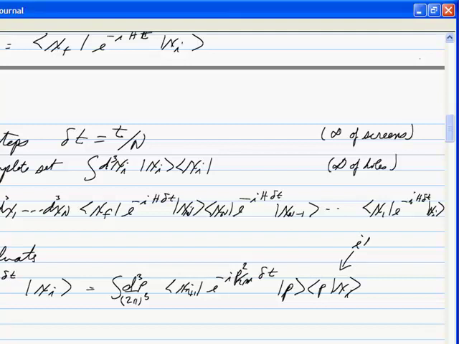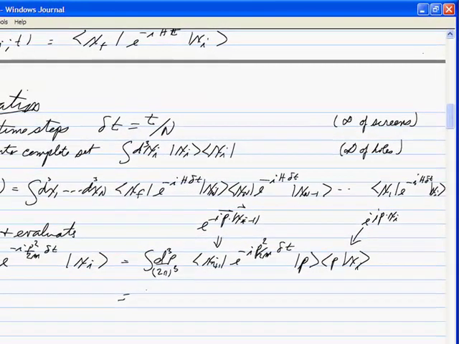So this guy turns into e^{ip·x_{i+1}}. This p passes through there just because it's p squared over 2m. I get here e^{-ip·x_i}. Okay, and this started off being an operator, now it's just a number because it's acting on the p state, so it's just p. I then do the p integration, it's just the Fourier transform.